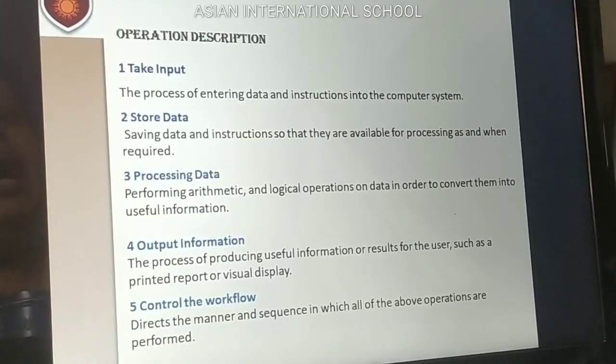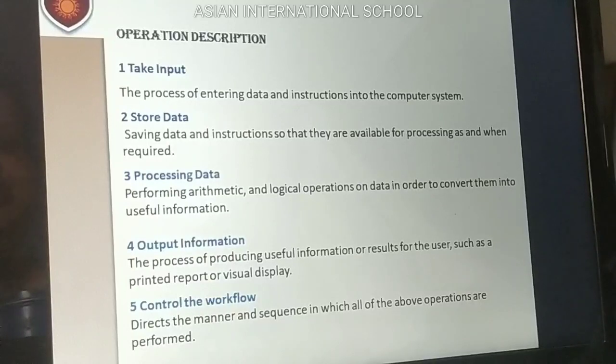We process data in the CPU, where the central processing unit of the computer performs arithmetic and logical operations on the data in order to convert it into useful information.